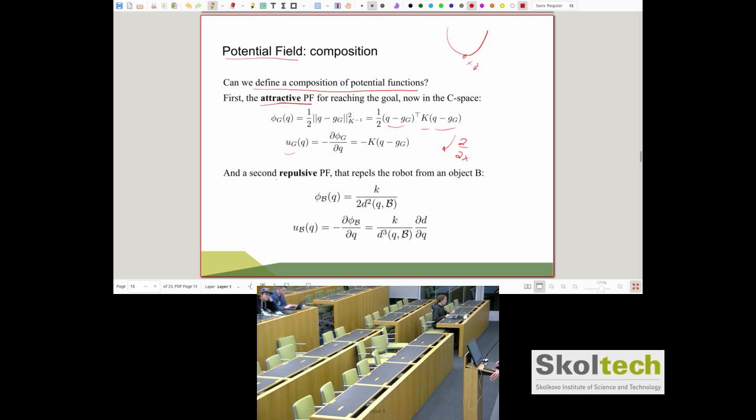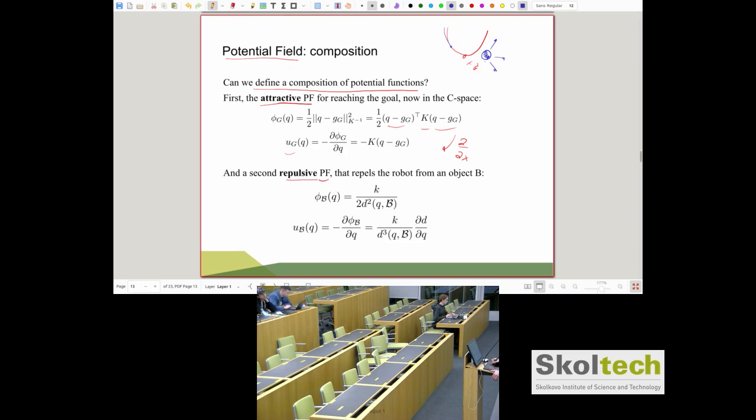Okay, and what is the other potential that we could be defining here? We could be defining a repulsive potential. If there's an attractive one that is taking us always to the goal, maybe there's a repulsive one that is doing the opposite, taking us away.